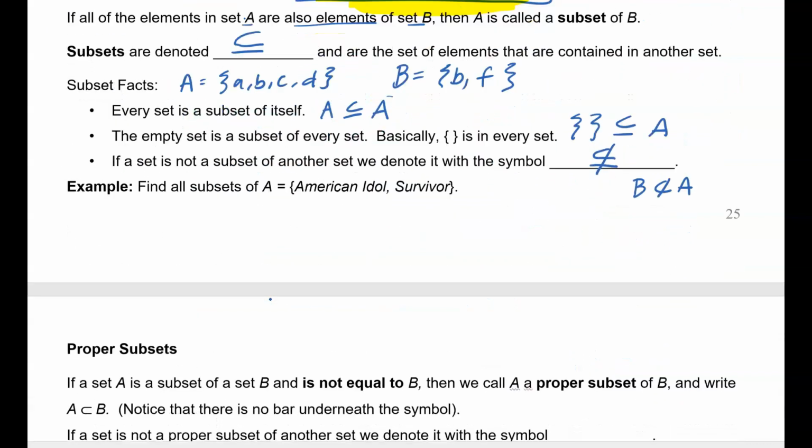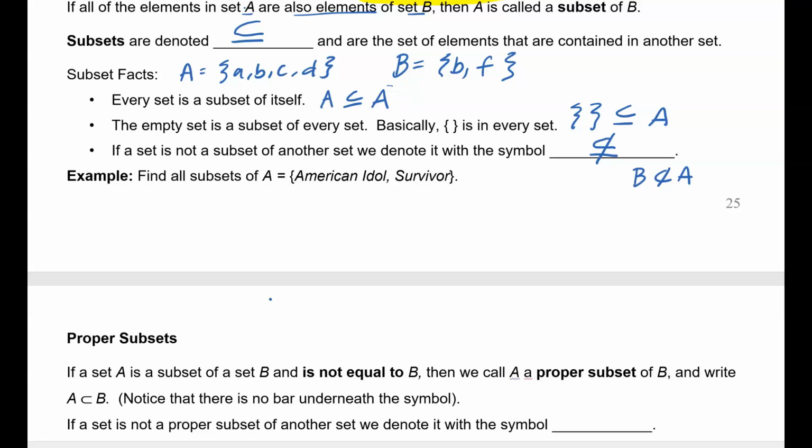So let's do another example. Find all subsets of A, American Idol, and Survivor. When we have to list out all the subsets, what we're doing is listing out every set that would be completely included in A. So one example would be the set with just American Idol, because American Idol is a part of this bigger set.